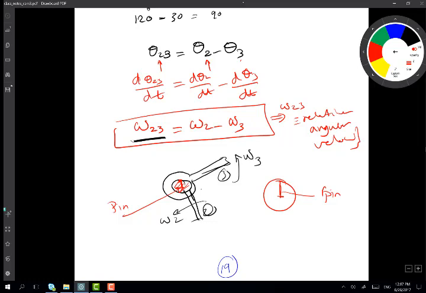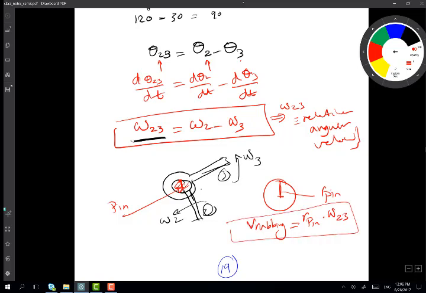But you have some rubbing, and the rubbing velocity is equal to this radius r pin times the relative velocity, r pin times omega 2,3.